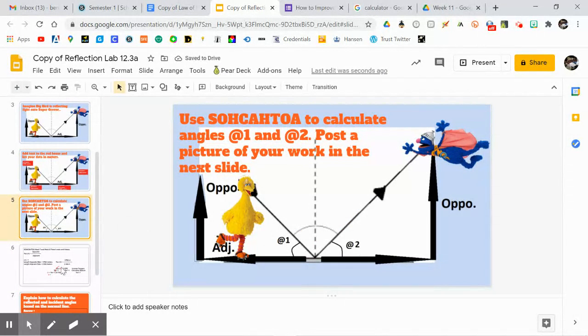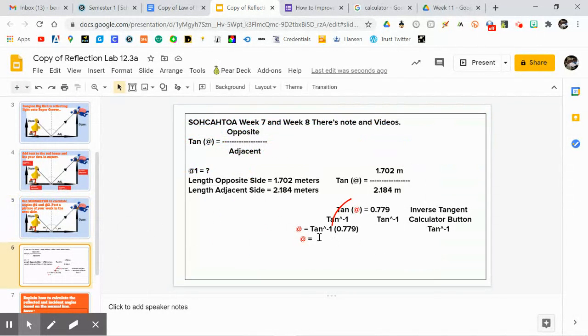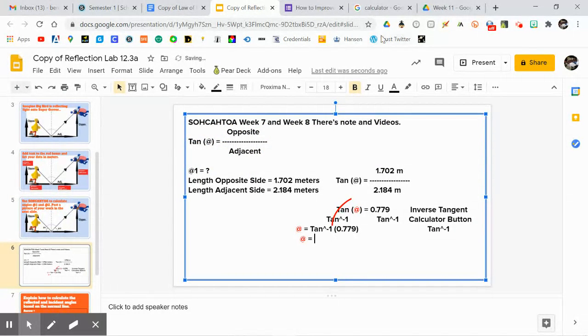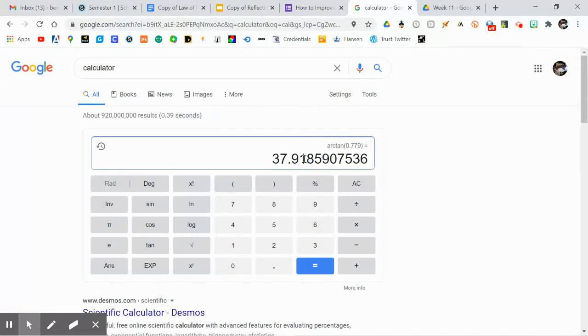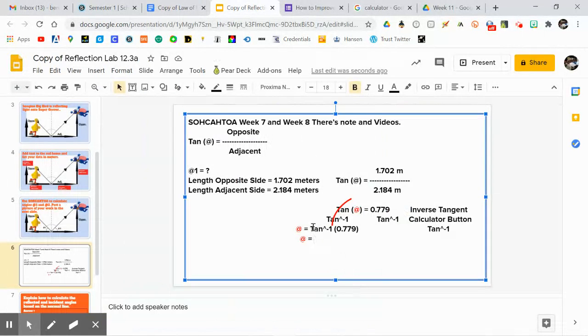Okay, angle at 1 is equal to 37.92 degrees. And that is my answer for number 1.